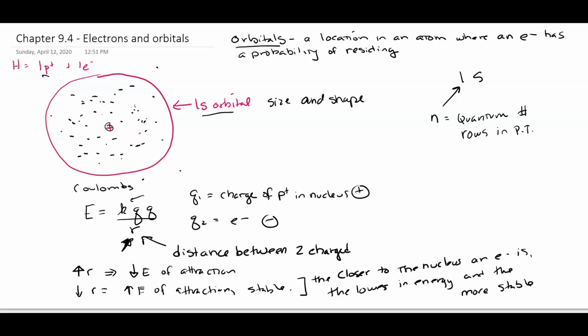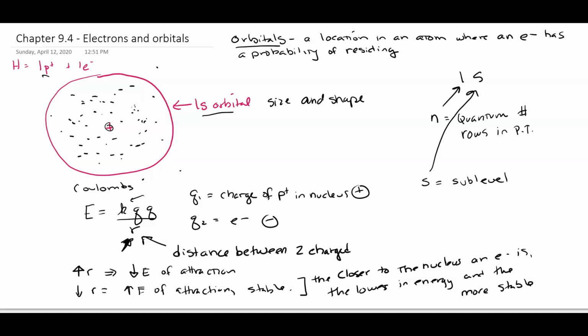There's a pattern that I will show you. And then s is a sub-level within n equals 1. The higher you get in values of n, 1, 2, 3, 4, 5, 6, 7, to some level, the more sub-levels there are.